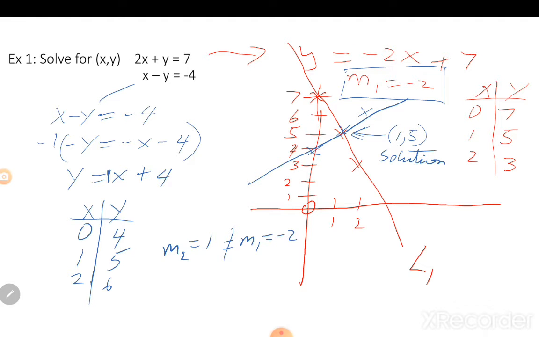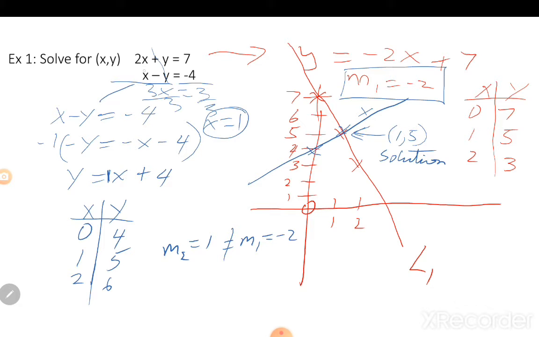Okay, and we could also solve this algebraically if we wish to. You see here the two y values are opposite in sign, so you just add down. So these will cancel out and you get 3x equal to 3. Divide both sides by 3. So x is equal to 1. Now that you have x equal to 1, you substitute it into one of those equations.